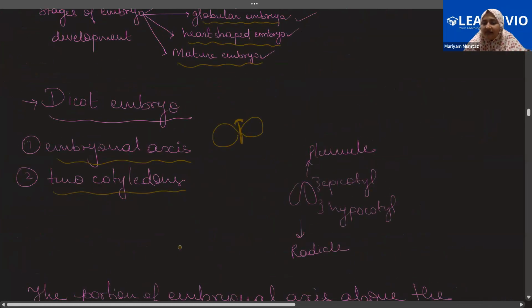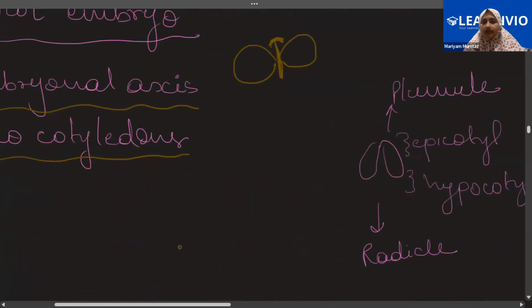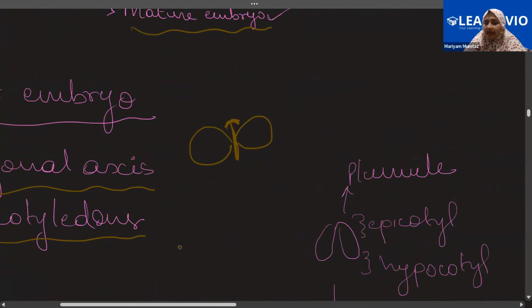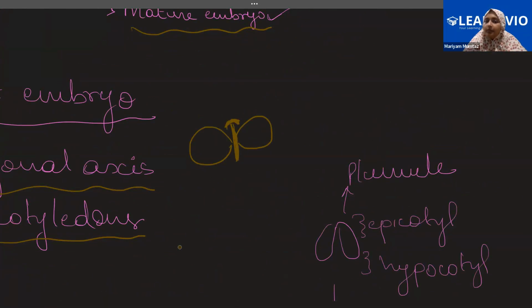Okay. Now there is a reason why they are present. See, for example, this is an embryonal axis. Attached to it are the two cotyledons. Now the portion above the cotyledon area will be known as epicotyle. It is the name of the portion. The region below the level of cotyledon will be known as hypocotyle. We are not talking about any organ.